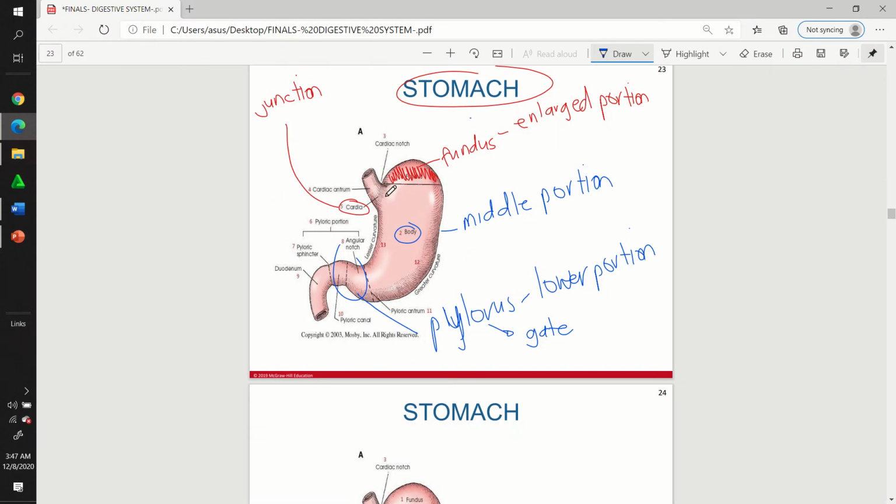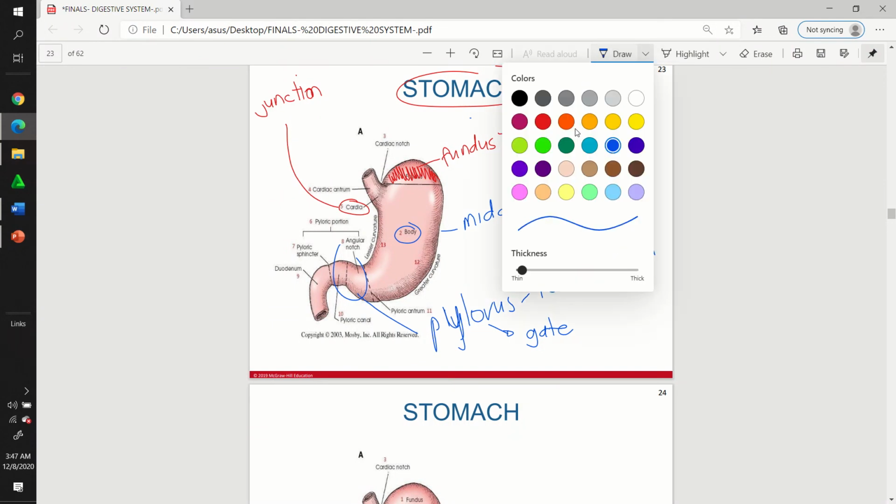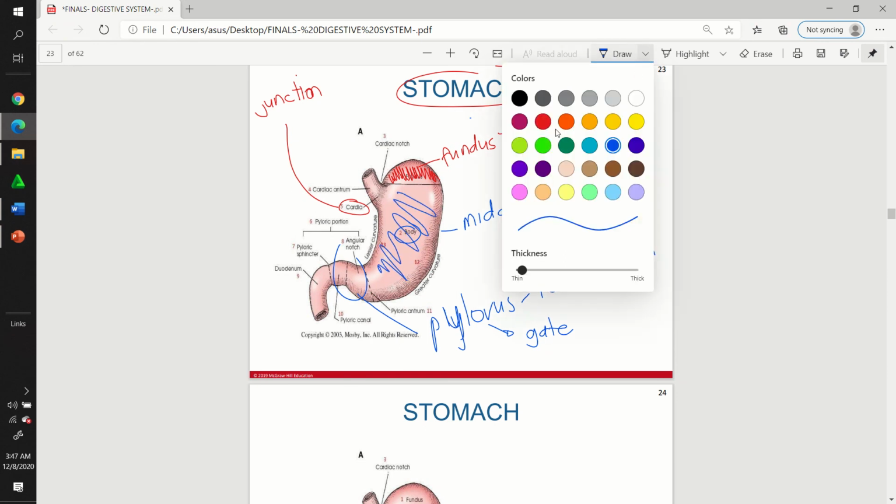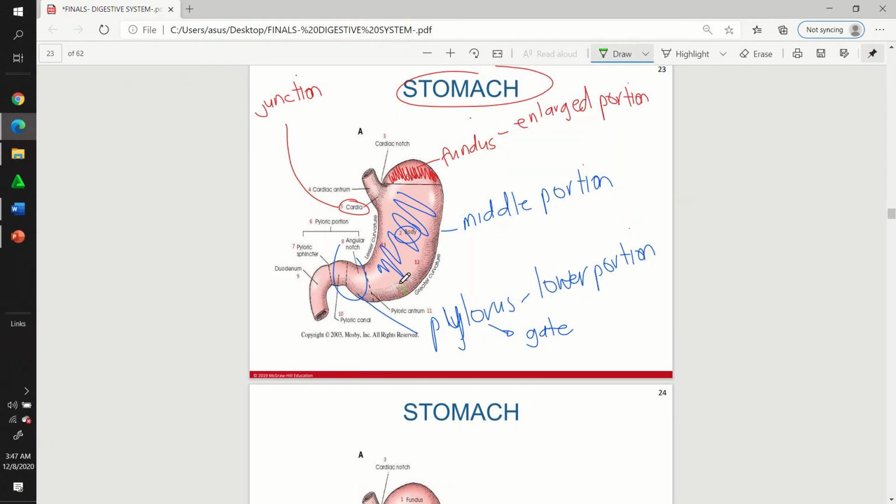As you can see, class, let me draw here. This is the body. Ayan, yung kulay blue. And then, let me use another color. We have here your hydrochloric acid. No, it's not visible.